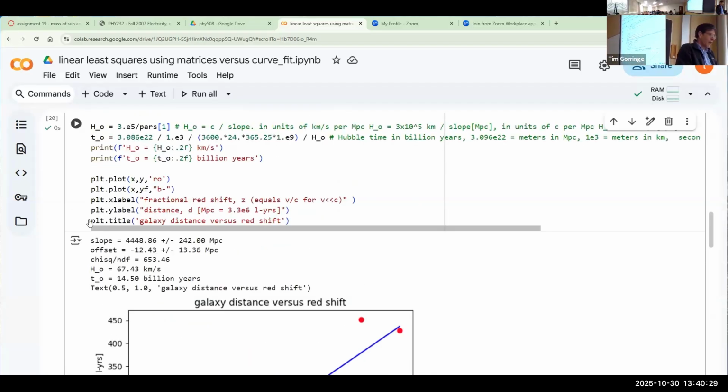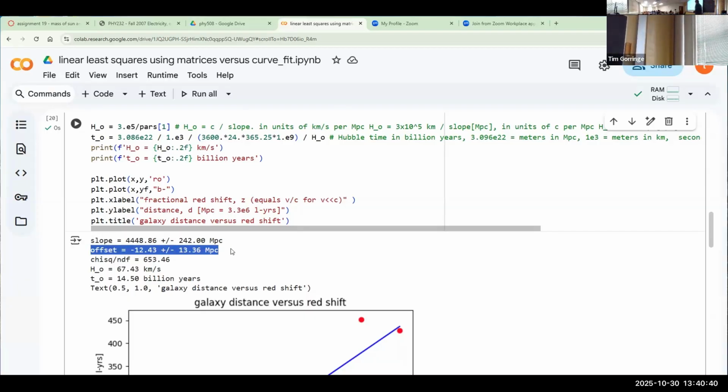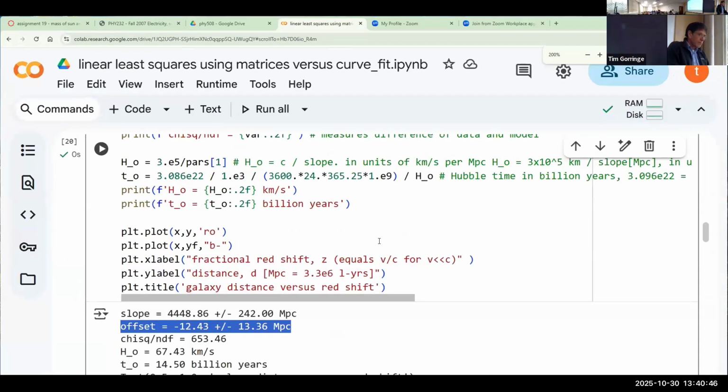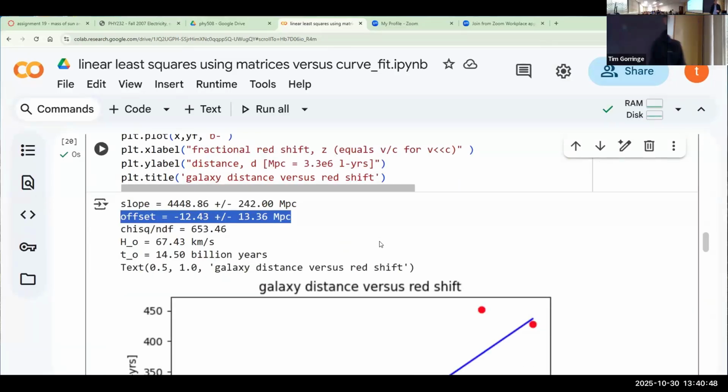I also plotted out some of the numbers that we extracted. We met before the slope and the offset. So let me make this larger. Here's the slope, here's the offset.